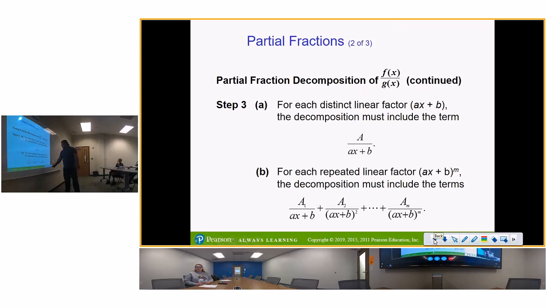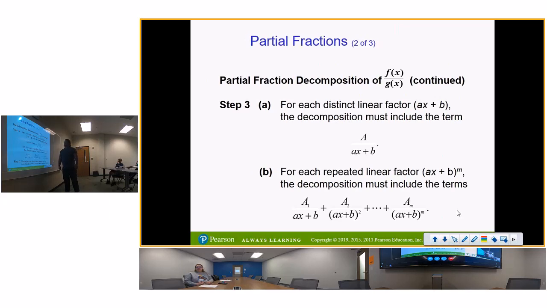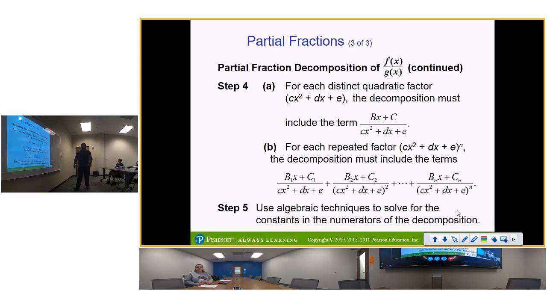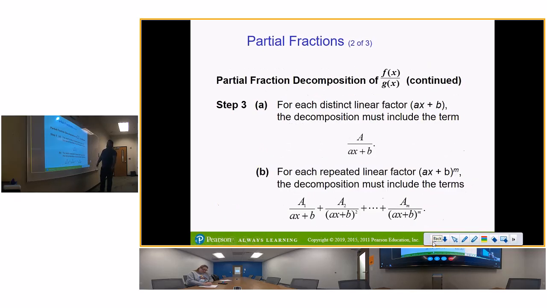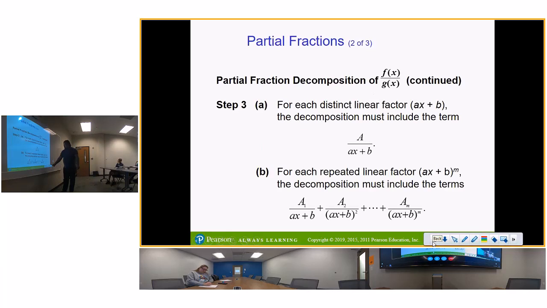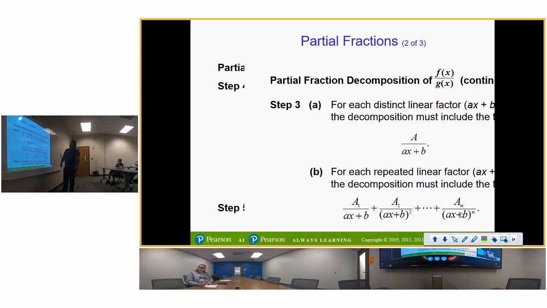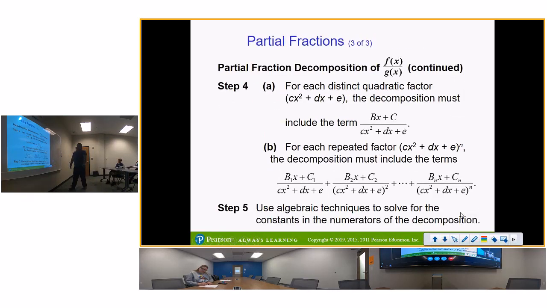If you're given a more complicated one, you're going to use bx plus c over cx squared plus dx plus e. So you've got this one to start off with, a over ax plus b, and then you've got this one, bx plus c over cx squared plus dx plus e. It'll all fall together when I show you how to do it. This is just a lot of theory.